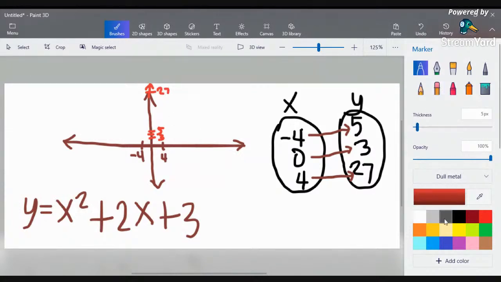So if we are going to graph that, we have -4, 5, then 0, 3, then 4, 27. Okay, it's there. So, what will happen to our graph? It will look like this one.